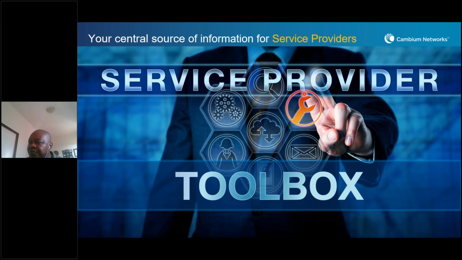You learn from other ISPs or other providers in the EMEA region. If you're a service provider on the session today, I encourage you to apply. Application is simple. You just go to the service provider site at cambiumnetworks.com, sign up, and we approve.